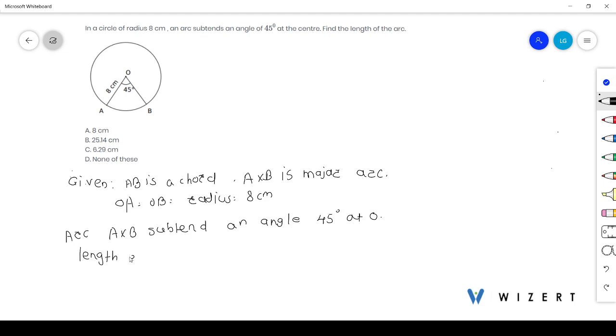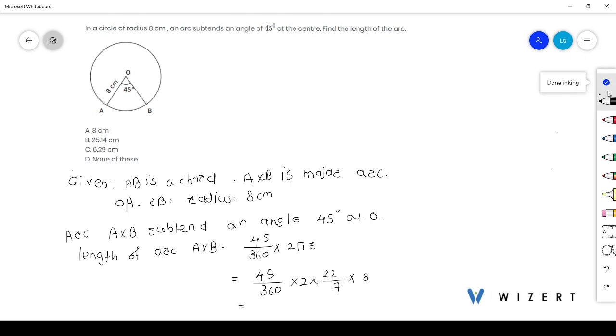So the length of arc AXB is 45 divided by 360 into 2 pi r, that is 45 divided by 360 into 2 into pi, which means 22 by 7, into r, which is 8.